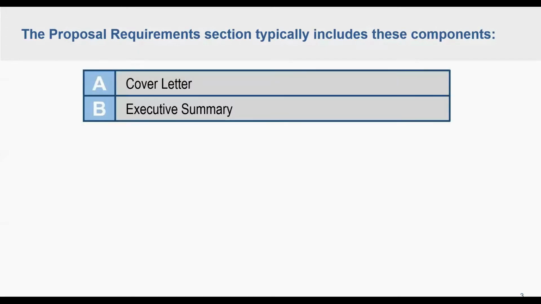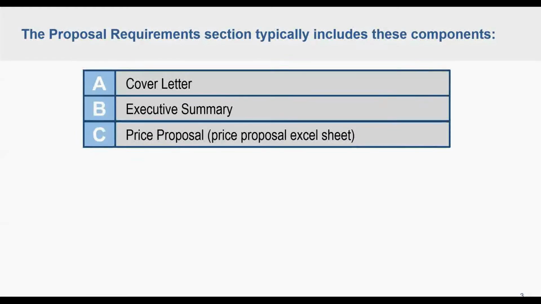So typically the proposal requirements section includes a couple key components, and these are the format and the content that you're requiring the developers to include in their proposal. That would be something like including the cover letter, executive summary, and then the price proposal upfront, potentially utilizing that price proposal Excel sheet that we'll discuss later.